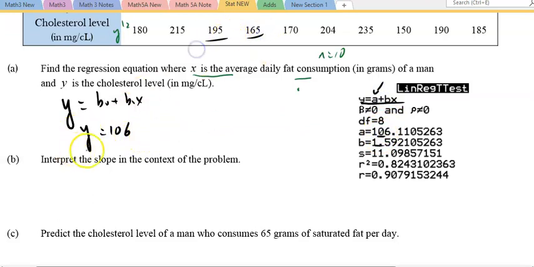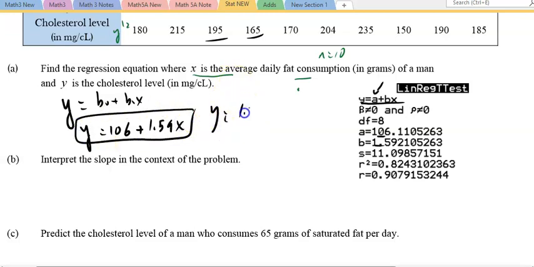They're all to the nearest number, so we'll say 106 plus 1.59x. That's the equation. You could write it as y equals 1.59x plus 106, like we do in algebra. That's normally how it's written. I'm just mimicking what the calculator says.